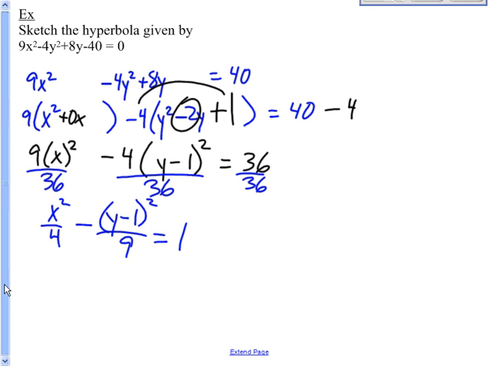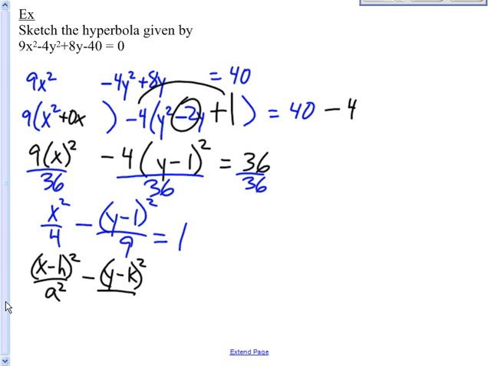So I'm thinking to myself, (x minus h) squared over a squared minus (y minus k) squared over b squared equals 1, this is your general form here. And of course, my transverse axis here is horizontal.